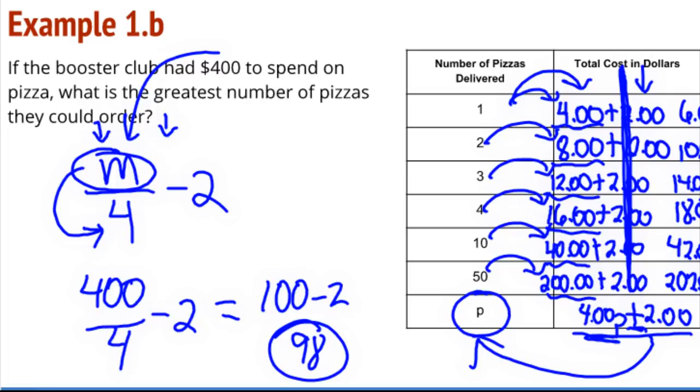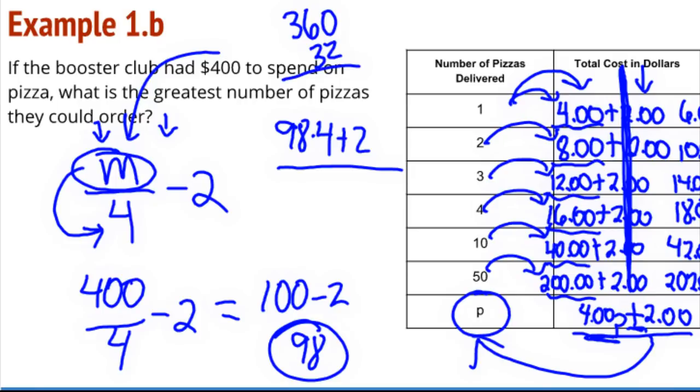And if I want to, I can check my thinking here by saying, okay, 98 pizzas, 98 times 4 plus 2. Well, 90 times 4 is 360, and 8 times 4 is 32. I have this feeling I've done something wrong.